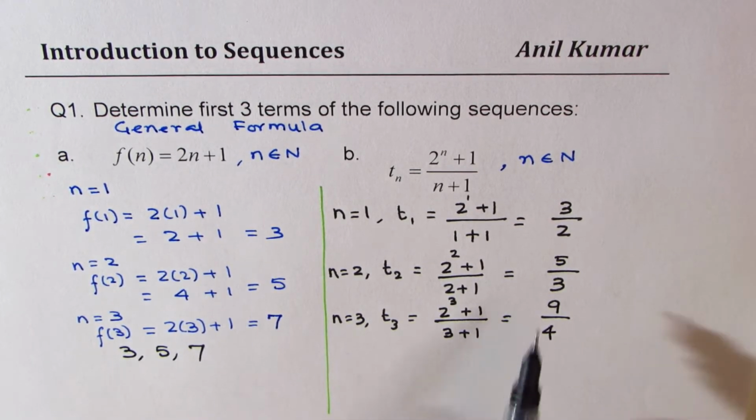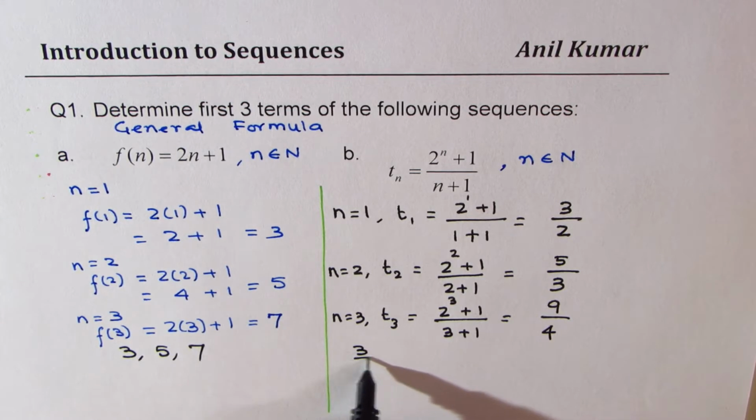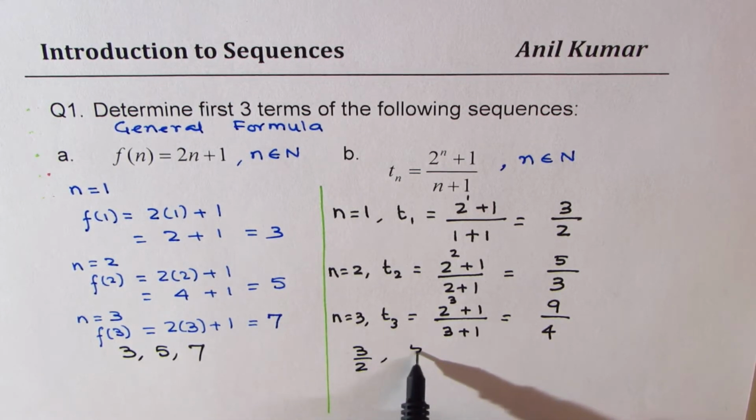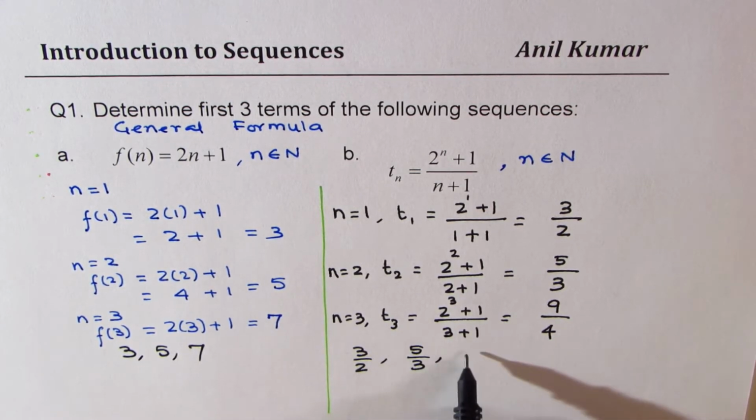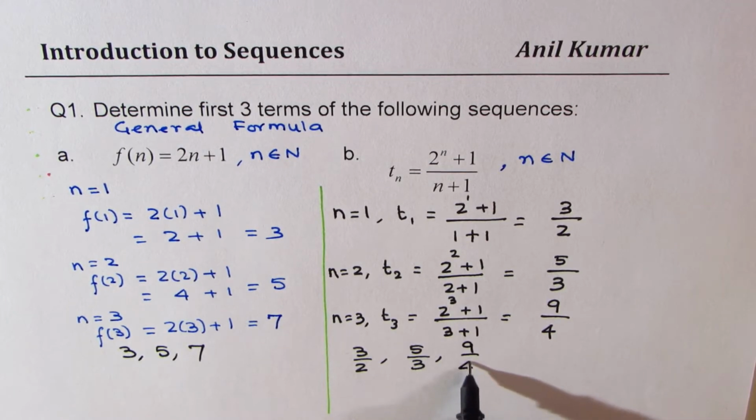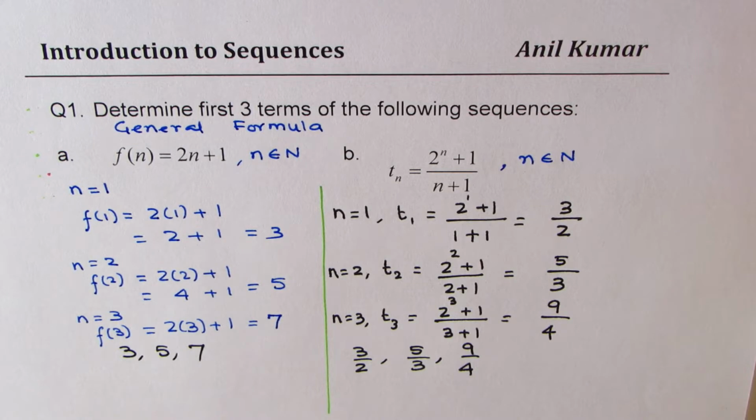So we get the three terms as 3/2, 5/3, and 9/4. I'd like you to pause the video, look into this solution and understand the basic concept. When we say first three terms, you have to substitute n as 1, 2, and 3 in the given formula to get all the terms, right?